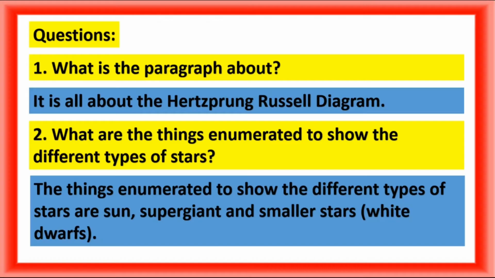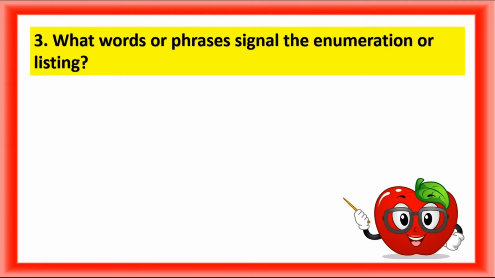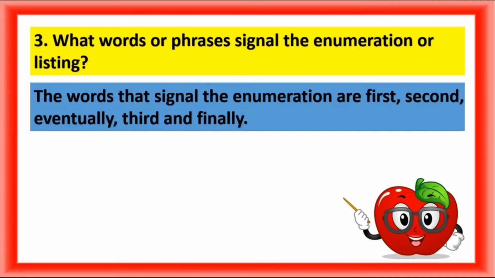The things enumerated to show the different types of stars are sun, supergiant, and small stars, or white dwarfs. Question number 3. What words or phrases signal the enumeration or listing? Answer. The words that signal the enumeration are first, second, eventually, third, and finally.